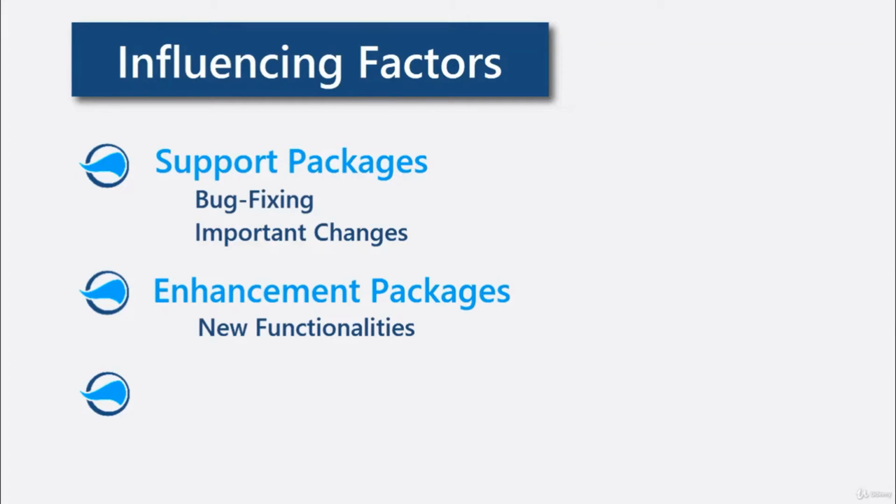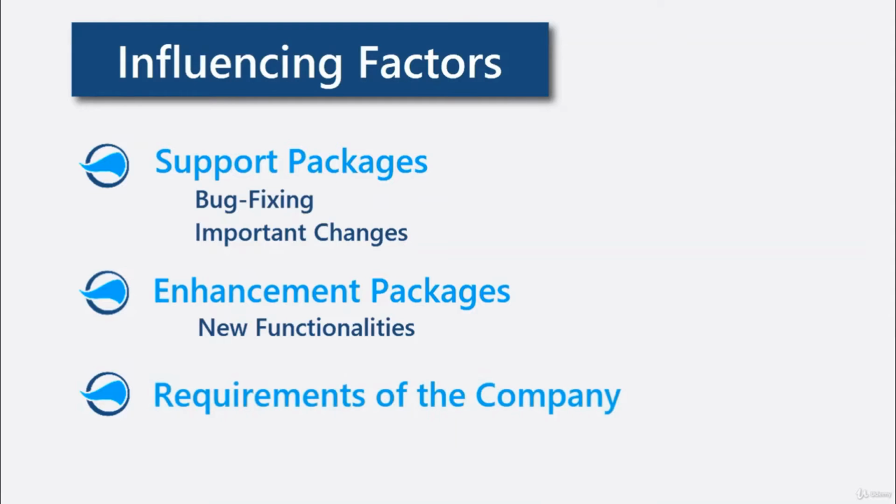But the SAP system also has to meet the changing requirements of a company. For instance, operating procedures are optimized over time, the company may grow or develop new business areas, and so on. Such corporate activities involve adjustments of the system settings in the customizing.